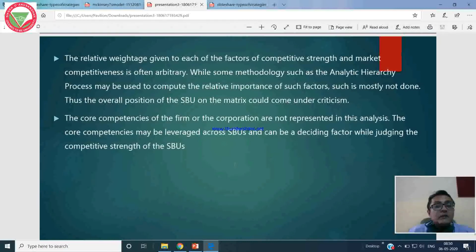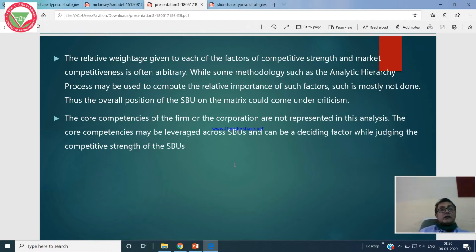Then, the relative weightage given to each of the factors of competitive strength and market competitiveness is often arbitrary. While some methodologies such as the analytic hierarchy process may be used to compute the relative importance of such factors, this is mostly not done. Thus, the overall position of the SBU on the matrix could come under criticism.